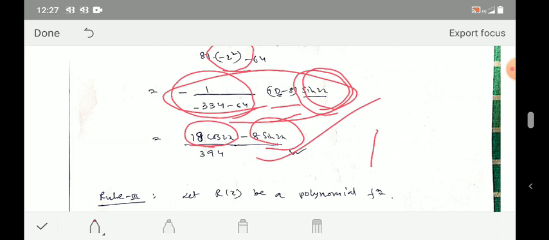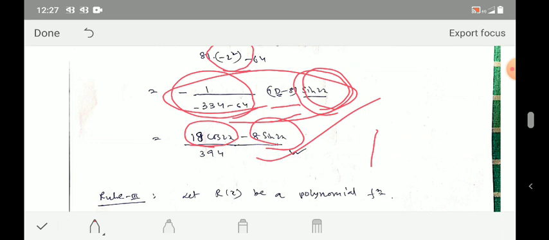So if f of D is not a function of D squared, that case is not so hard. Just we replace D square by minus 2 square wherever possible. Then all the remaining terms will be a linear term of D, that is, the higher power of D is not present there.